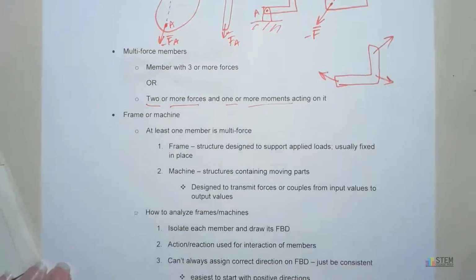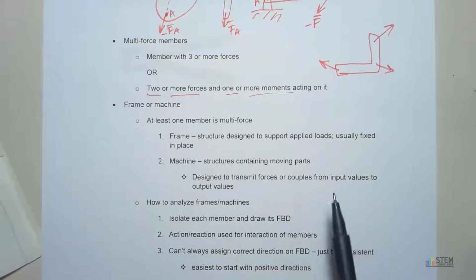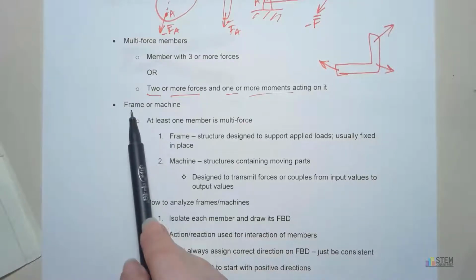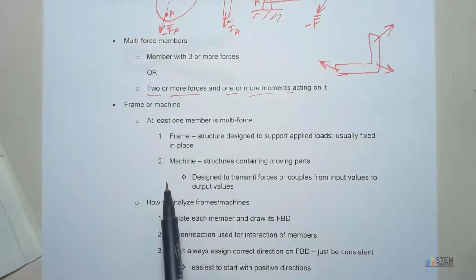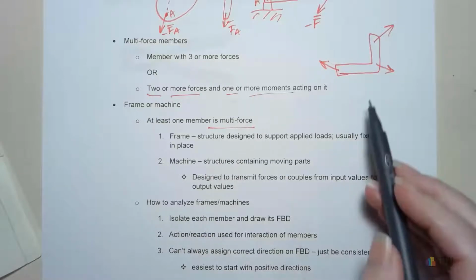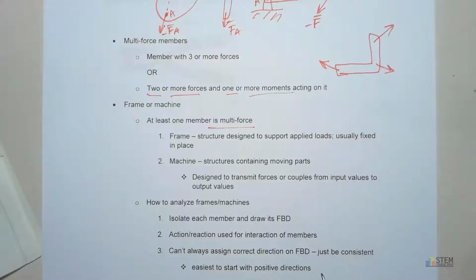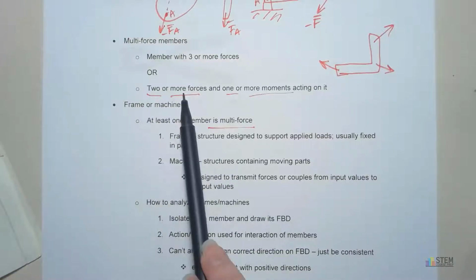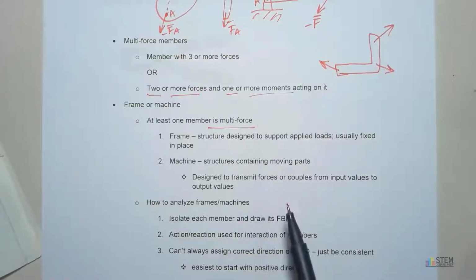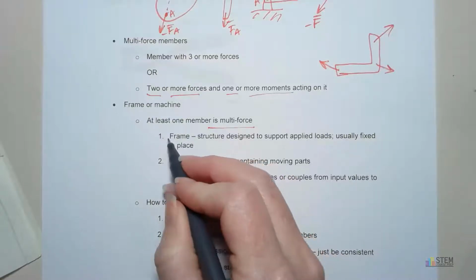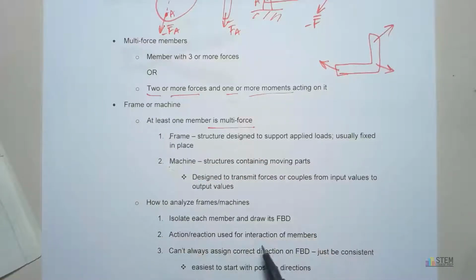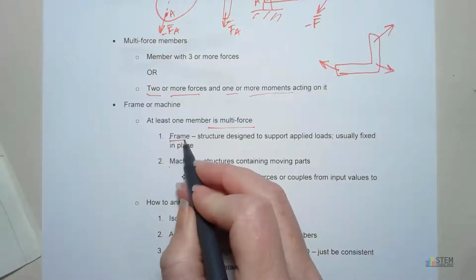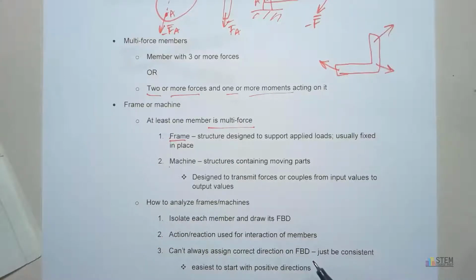Now let's go over what a frame or a machine is. When we talk about frames or machines, at least one of our members is going to be multi-force. All right, so it's going to be something like this that has three or more forces, or two or more forces with at least one moment. And frame and machine, they kind of have different definitions here. A frame is going to be a structure that supports applied loads.